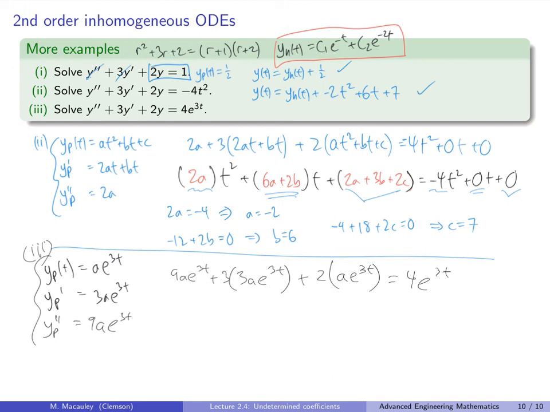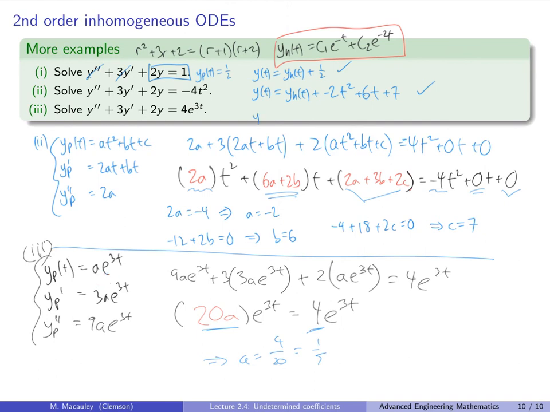We have e to the 3t's everywhere, so how many do we have on the left-hand side? Well, we have 9 plus 9, that's 18, 19, 20a, so we have 20a e to the 3t equals 4 e to the 3t on the right-hand side. So we set 20a equal to 4, and we get that a equals 4 over 20, which is 1/5. So our particular solution is 1/5 e to the 3t.